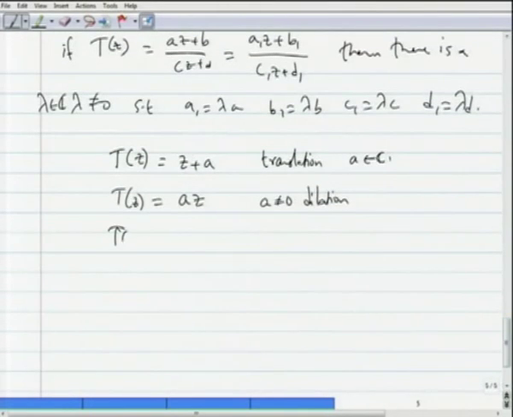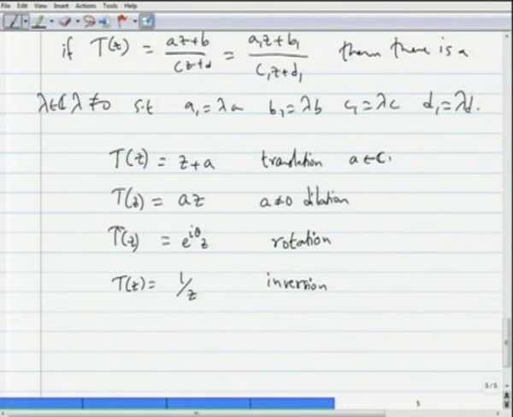And T of z is equal to e power i theta z is called a rotation, and T of z is equal to 1 by z is called inversion. So, all these are actually Mobius transformations themselves, special kinds of Mobius transformations.